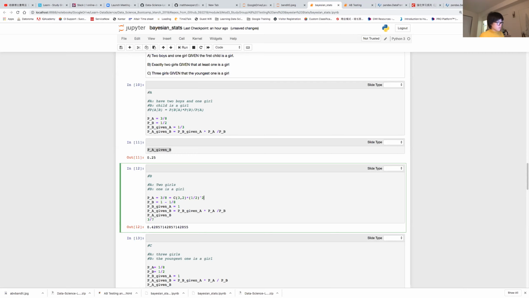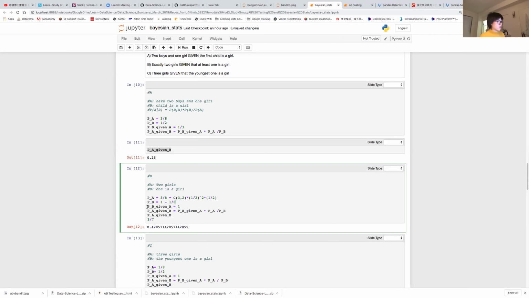This is 3/8, and the probability of at least 1 girl will be all the possibilities minus all boys. So that is 1/8. So 1 minus 1/8 is at least 1 is a girl.